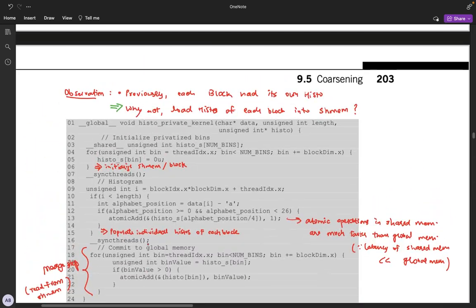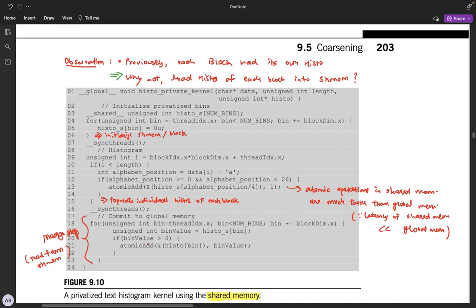Okay, so an observation with this approach is that since each block had its own histogram, why not... We always think that if there's a structure that is mapped to a thread block, then what is one memory in GPUs that follows this pattern?